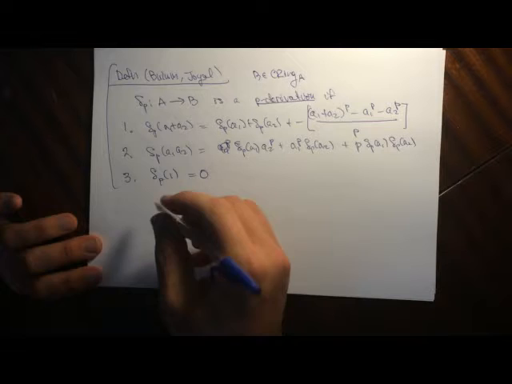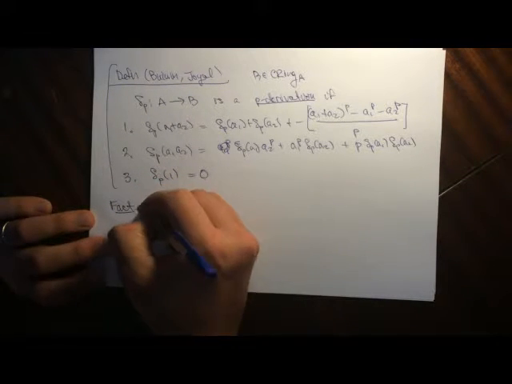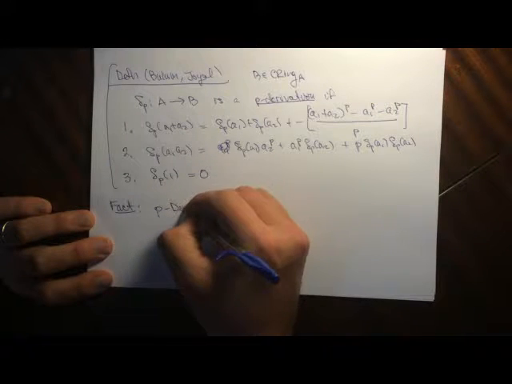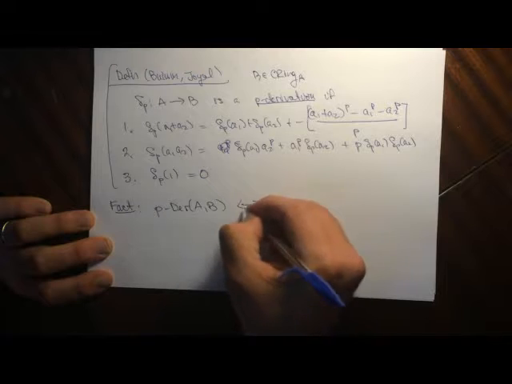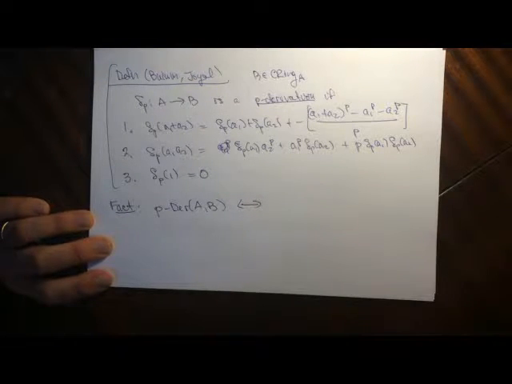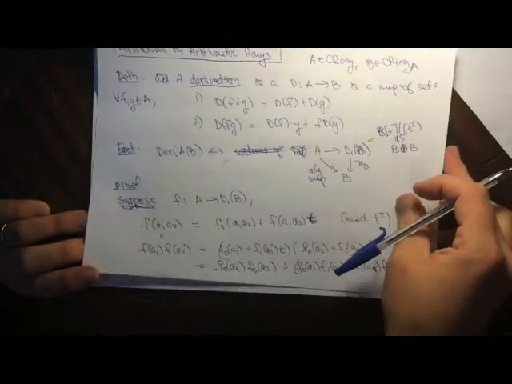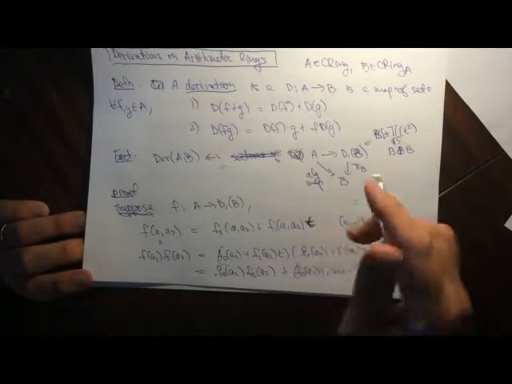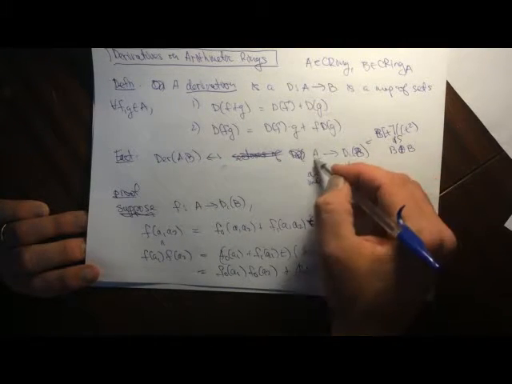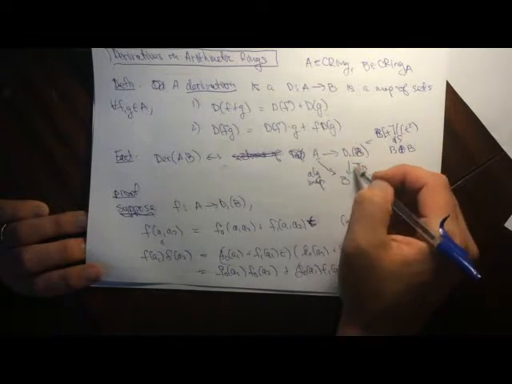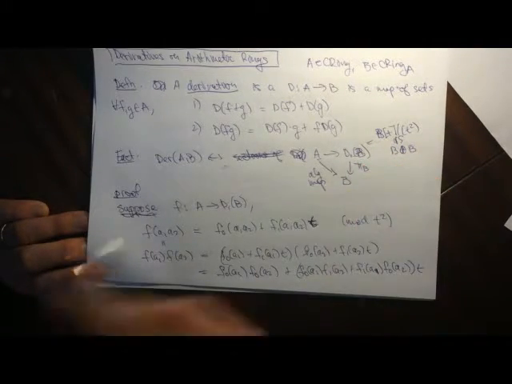Okay, so let me give you a fact. The p-derivations from a ring A to B, just like in the derivations case, so let me go back to the derivations case that we had here. We had these derivations were equivalent to maps from A to the dual numbers that satisfy this diagram.